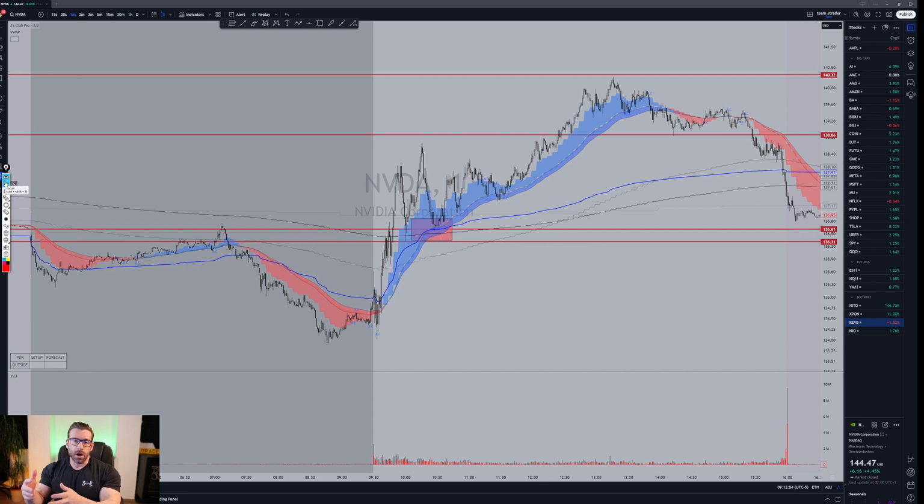This depends on which stock you use, because every single stock is different. Don't think that Nvidia will be the same as BA or BABA or Boeing or, let's say, NIO or PLTR, MSTR, and so on. Every single stock has a different win rate according to which setup you are trading. So when they tell you a strategy has a 70% win rate or 40% win rate, it doesn't really matter.